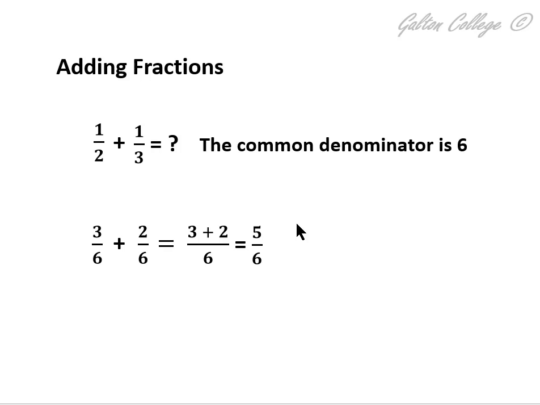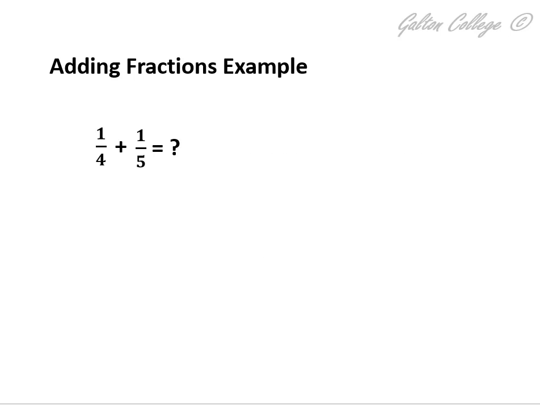Now that's adding fractions. That's the way to add fractions, to find a common denominator. We must always do this. Otherwise we won't get the right answer, and that can be serious. Look at this one. It's 1 over 4. It's a quarter plus 1/5.